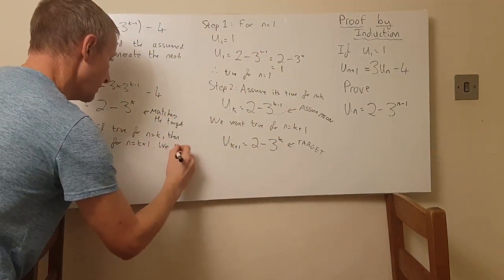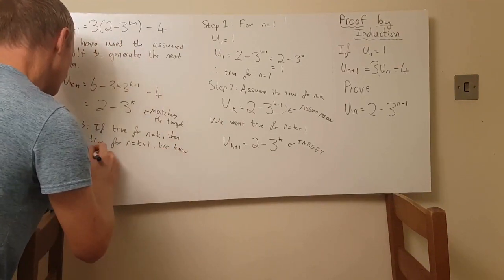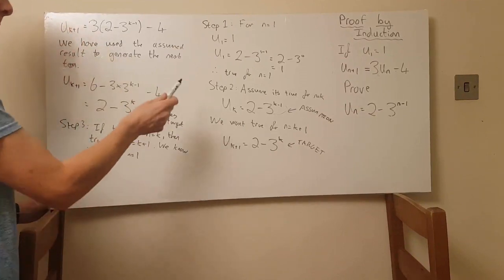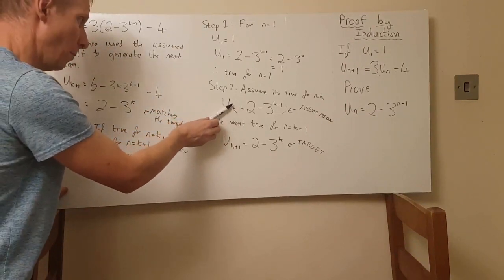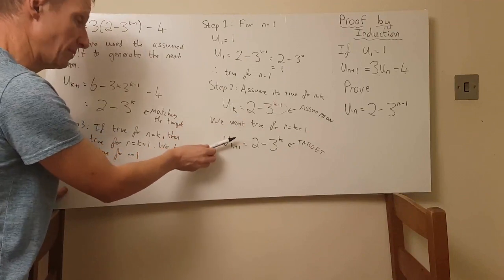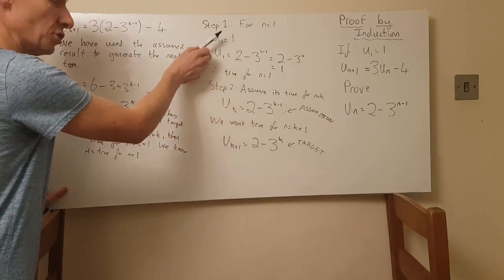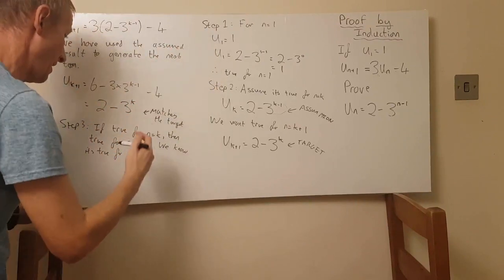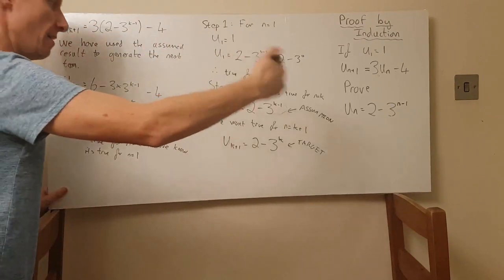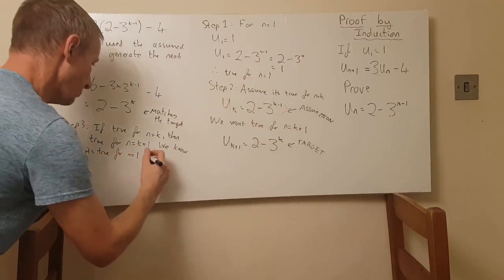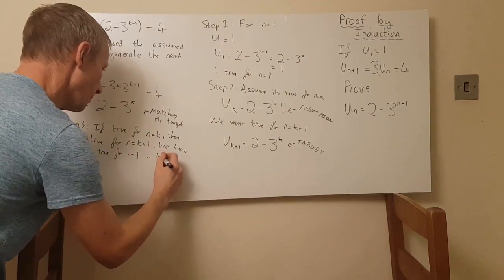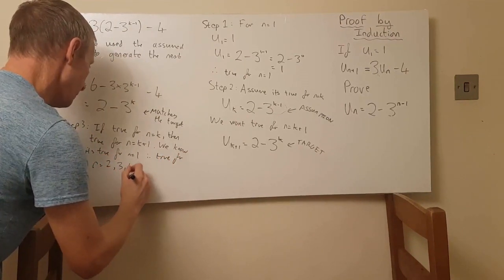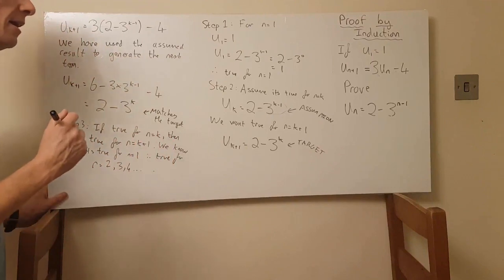So that means I have proven that no matter where I am on the ladder, I can climb to the next rung. However, I also know how to step onto the ladder. So because I know how to get onto rung 1, I also know how to get onto rung 2, 3, 4, etc. So it's true for n equals 1, therefore true for n equals 2, 3, 4, etc. Thank you very much.